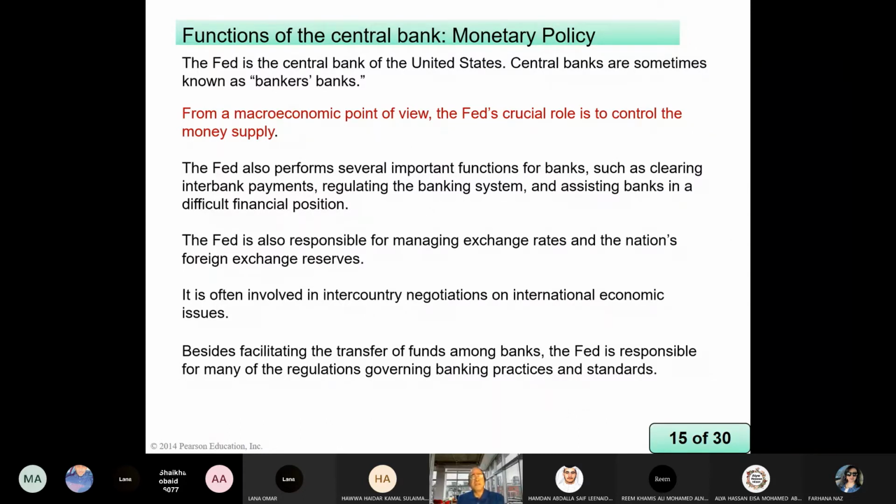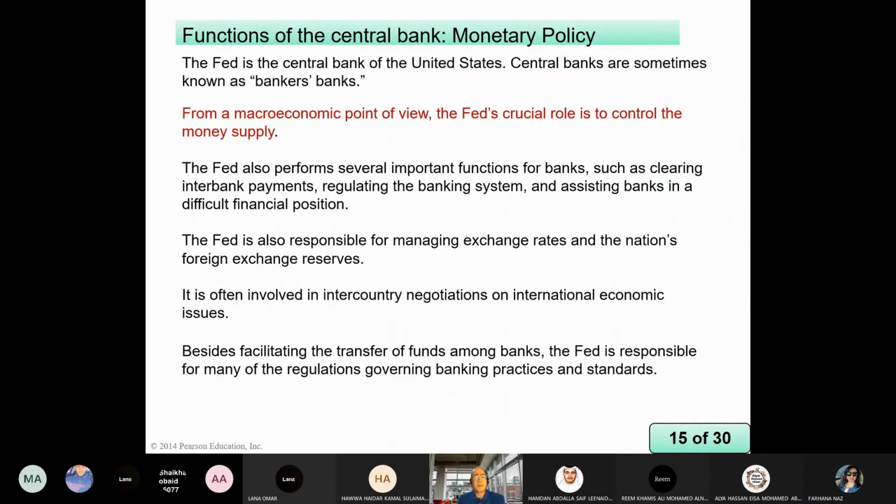So during recession, such as what happened during the coronavirus pandemic, the central bank should increase the quantity of money supplied. But during expansion or inflation, the central bank should decrease the quantity of money supplied.